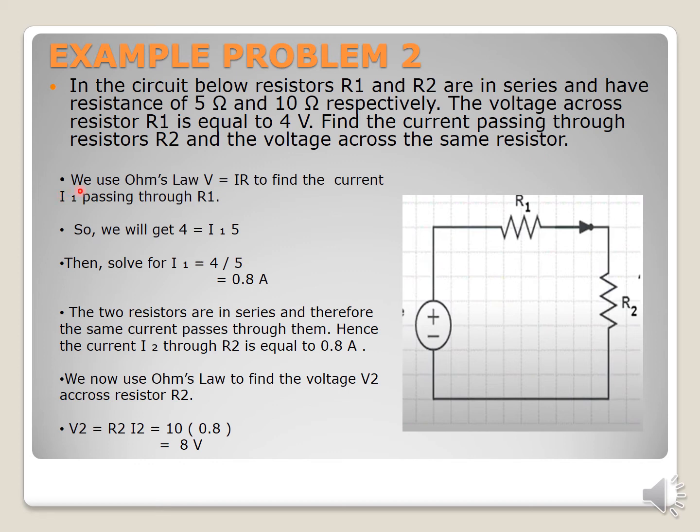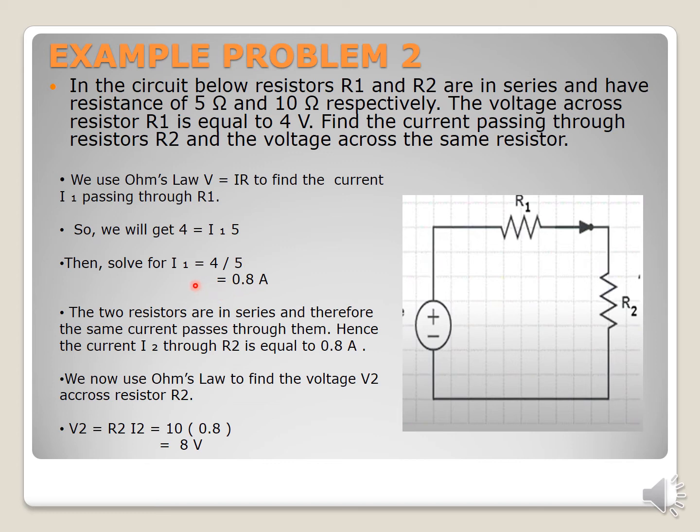So we use Ohm's law V equal to IR to find the current I1 passing through R1. So we will get 4 equal to I1 times 5. Then we solve for I1 equal to 4 divided by 5 is equal to 0.8 ampere.